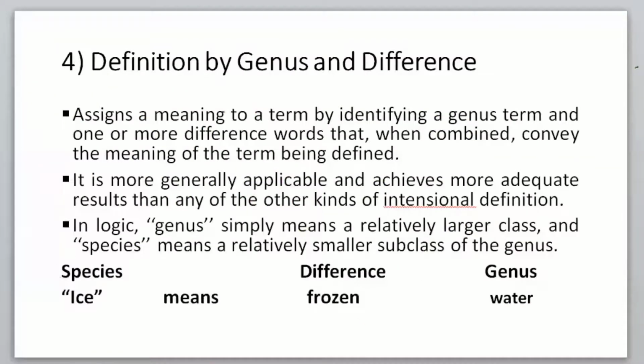The fourth one is definition by genus and difference. This is the last type of intensional meaning. A term is assigned meaning by identifying the genus of the term, and one or more words that, when combined, convey the meaning of the term being defined.